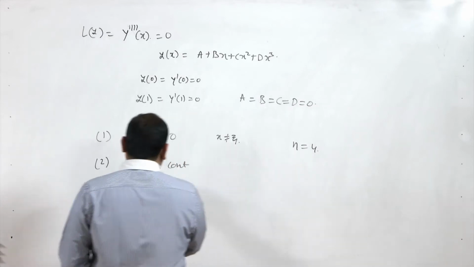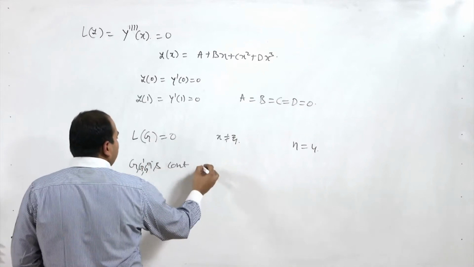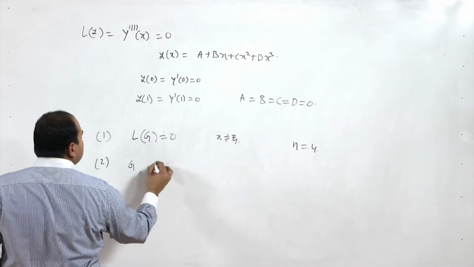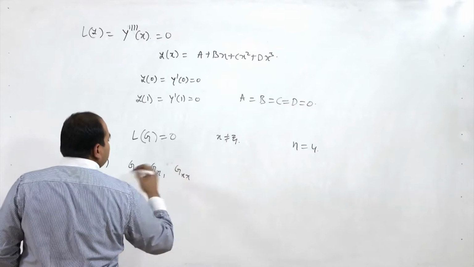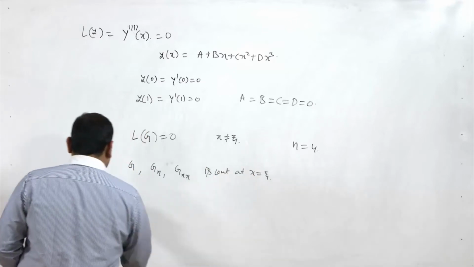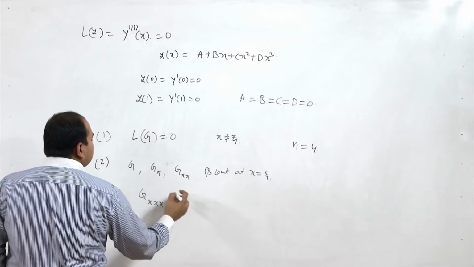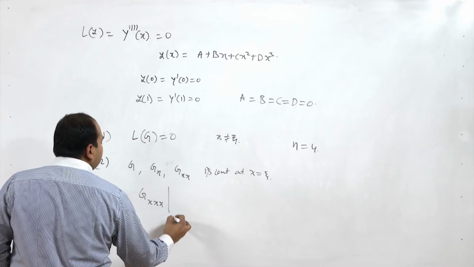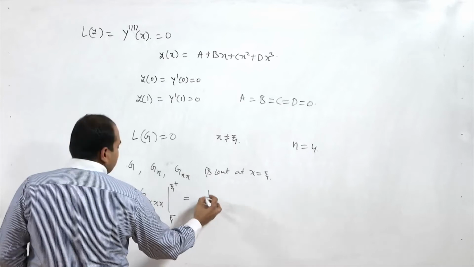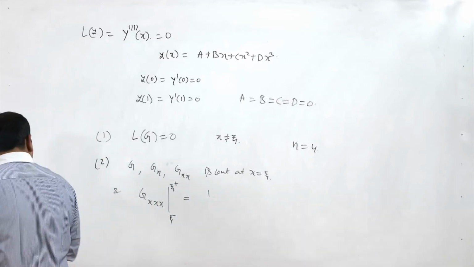So it means that G, G dash and G double dash are continuous at x equal to xi, and the jump of G triple dash from xi minus to xi plus is equal to 1 upon the coefficient p naught, which is 1 here. So the condition is given by this.